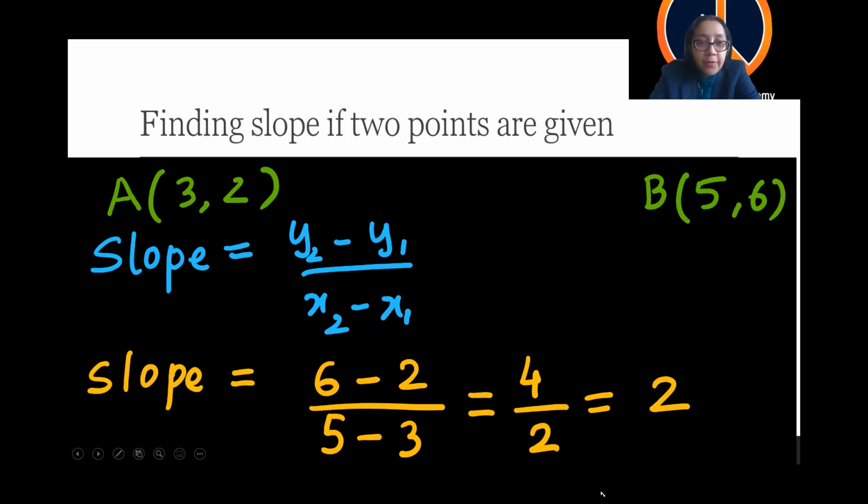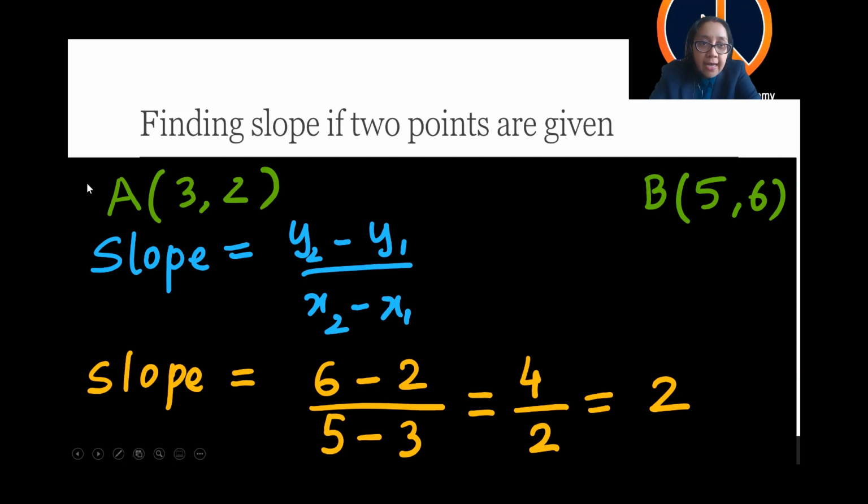So you can calculate the slope even when the equation is not given through this formula of y2 minus y1 divided by x2 minus x1. Be very attentive about this point. If you consider this point as the first point and this point as the second point, stick to both y and x while considering it. Many students make a mistake while considering the y.